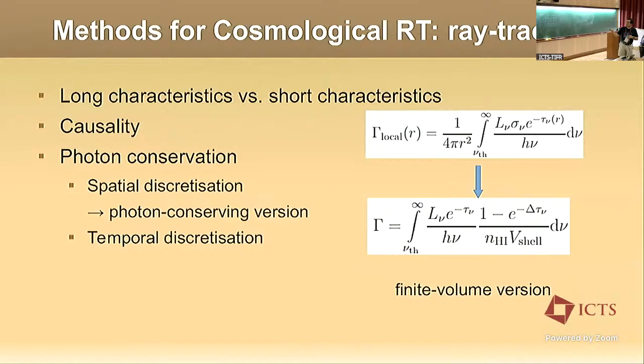And this is the difference between what enters and what exits, because this is the differential optical depth through the cell. So if you're using this photonization rate rather than this one, this guarantees that you are conserving photons in space. So everything will then propagate at the correct speeds and so on.